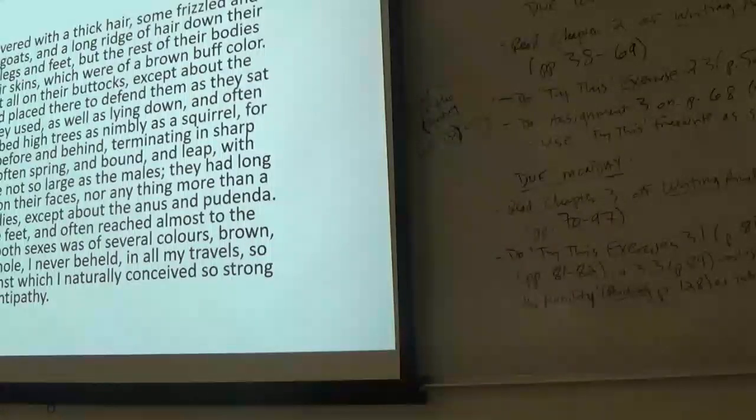The writer started out with the hair and the texture of it. They also talked about the skin, which was a brown rose color. They talked about the body parts such as the tail and where the hair was located. They also talked about why the hair may be located where it was, such as the anus and the face. And then they talked about the posture that they sit and lay on the ground. They kind of talked about their ability to climb trees and compared them to other animals such as squirrels.